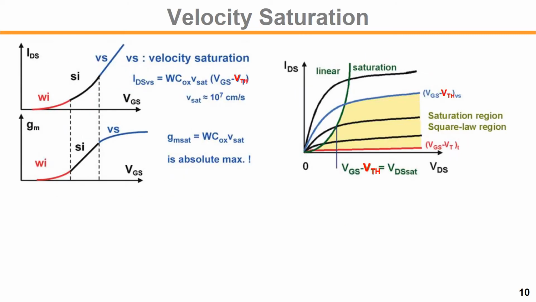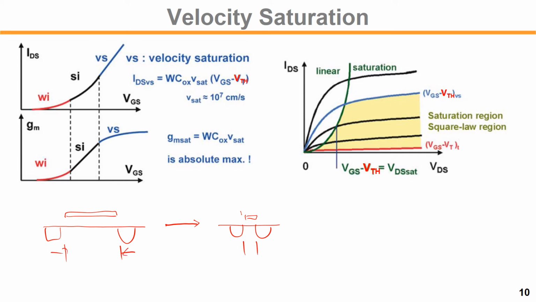There's another effect called velocity saturation. For example, going from a 5 volt device to, let's say, a 1 volt device, with a more advanced device the physical dimensions get smaller and the distance gets smaller.